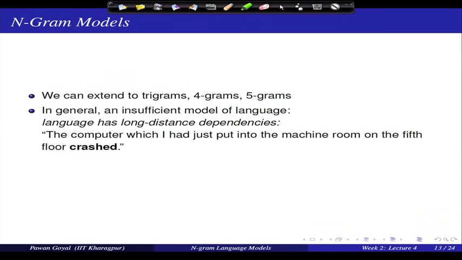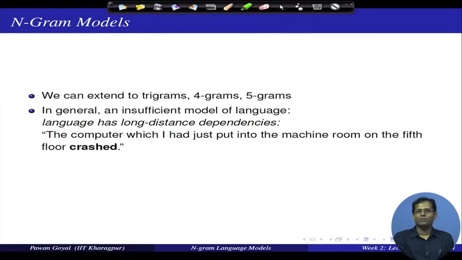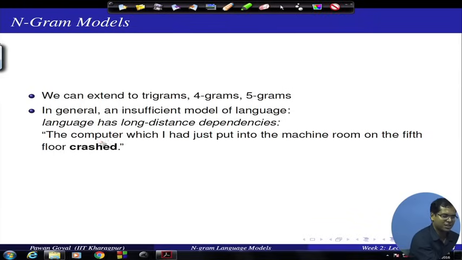But in general, we cannot say that any n-gram will be a sufficient model for the language. Why? Because in language, we also see some long-term dependencies. So consider this sentence: the computer which I had just put in the machine room on the 5th floor crashed. Now what is the word on which the word crashed depends? The word crashed depends on the word computer, but this cannot be captured by using 2 gram, 3 gram, 4 gram, 5 gram, 6 gram, and so on.